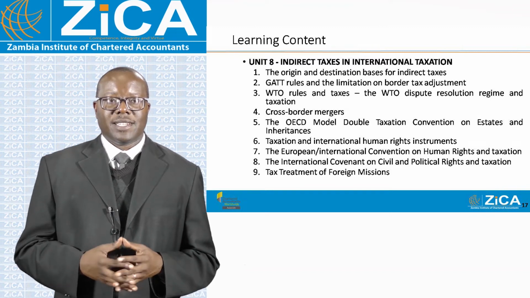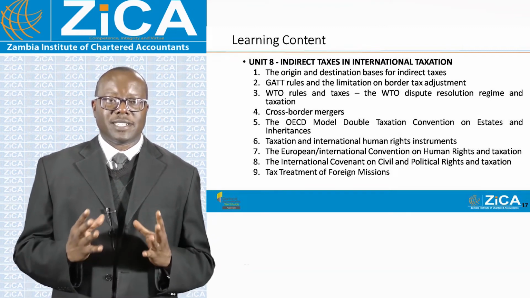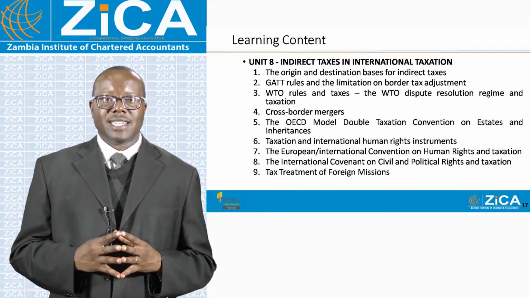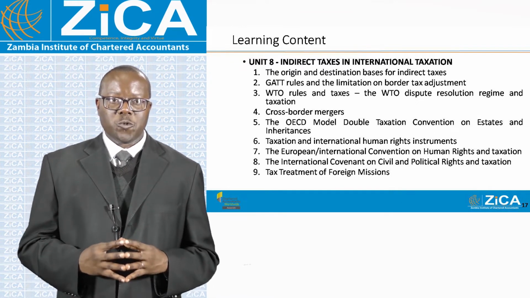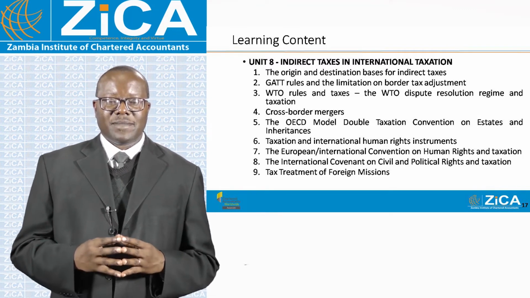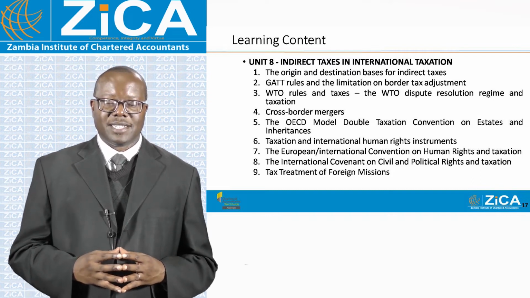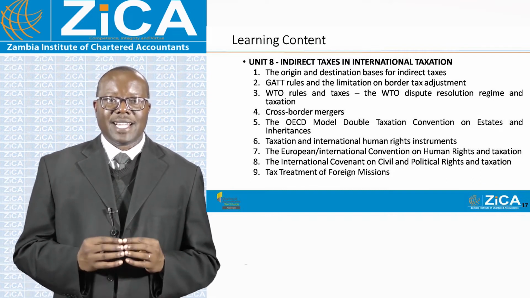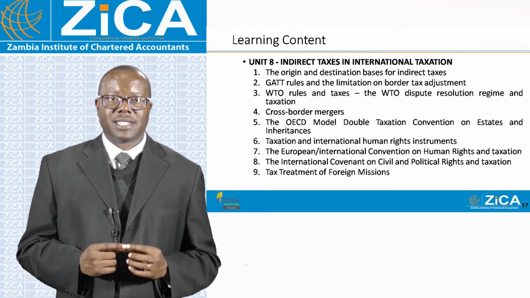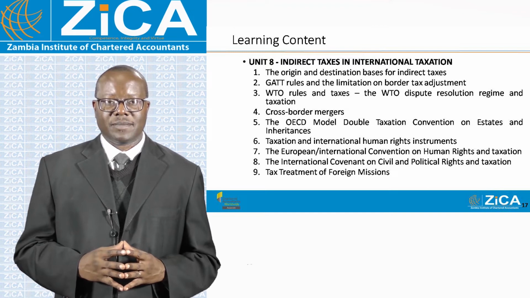These are the 8 units which make up the syllabus for paper D5 International Taxation, with each unit having a number of elements of the syllabus. The elements identify specific topics under that unit which must be covered.